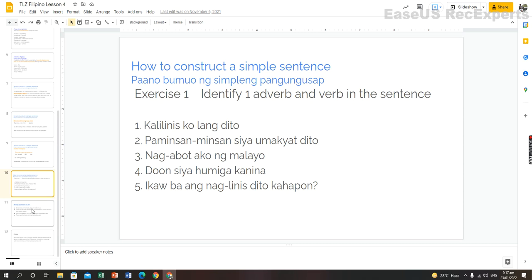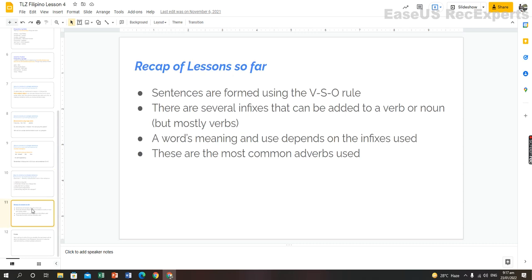Okay, don't blame me. So yeah, recap of lesson so far. Sentences are formed using the VSO rule. And there are several infixes that can be added to a verb or noun, but it's mostly verbs. There's a lot, trust me. A word's meaning and use depends on the infixes used.